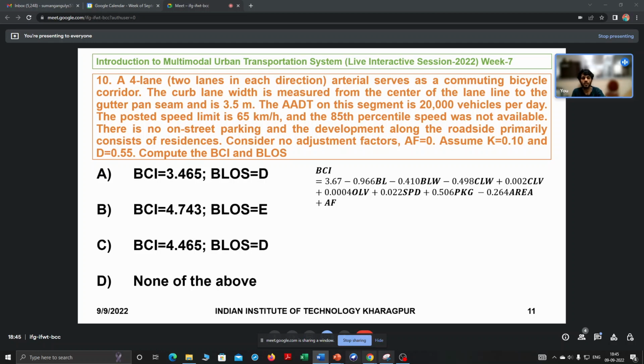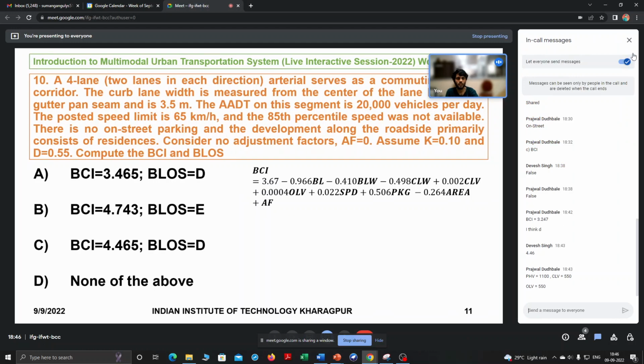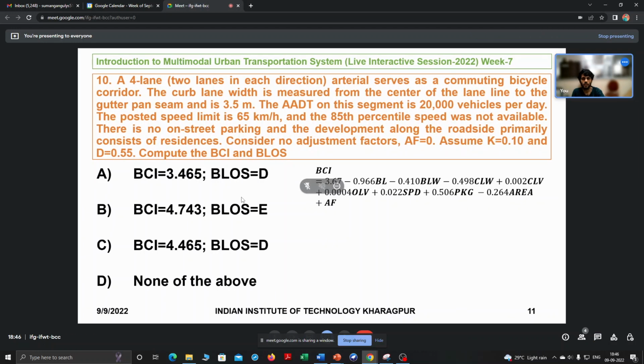And what will be your SPD? What is your SPD then? Tell me. SPD is 0? Why is SPD 0? SPD is the 85th percentile speed. How can your SPD be 0? It is not available, meaning it is not given.